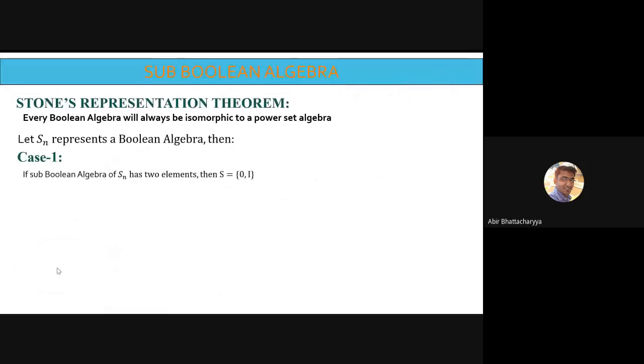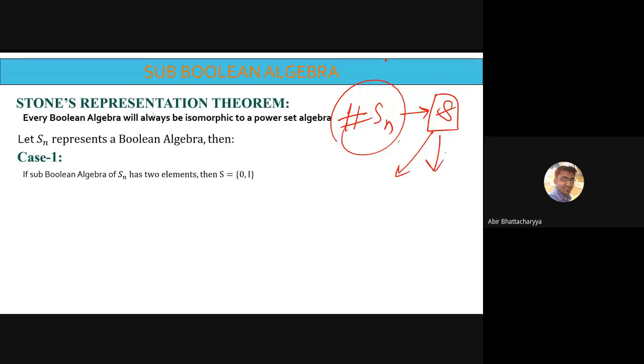For the time being, let us assume that the total number of elements in Sn is 8. Now a sub-Boolean means a subset of Sn. So what are the possibilities for the number of elements of the subset?